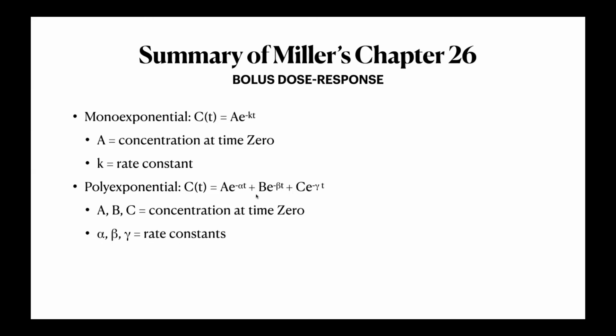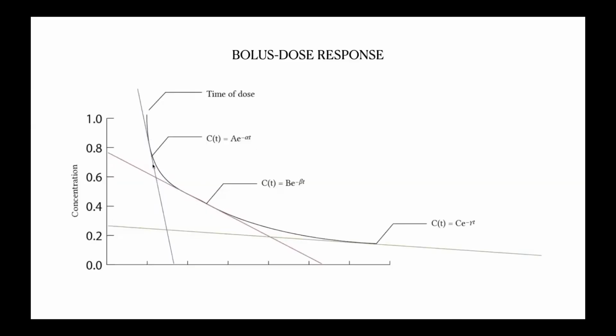So you've got 3 exponential decay functions. And it's graphed like this, where these 3 exponential decay functions are added up to finally graph this final exponential decay.